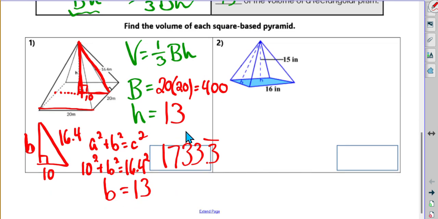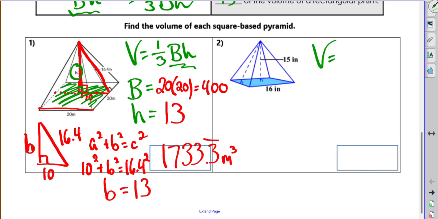That's meters cubed. So that was a little bit involved. We had to find this number, and we had to find this number, just so that we can plug into that equation. So you have 2 problems inside of that bigger problem.